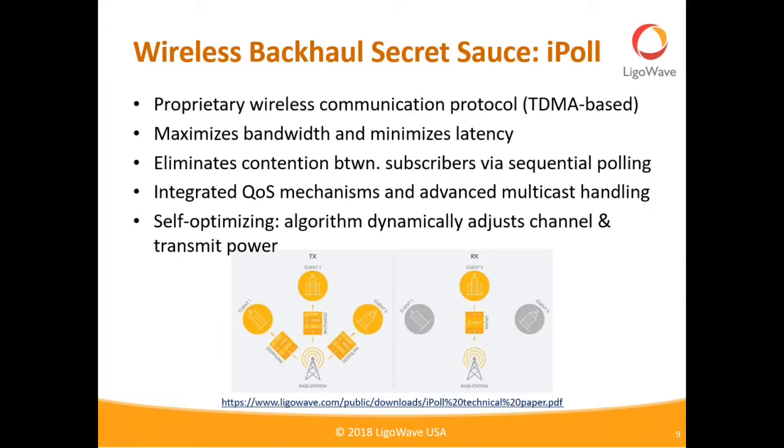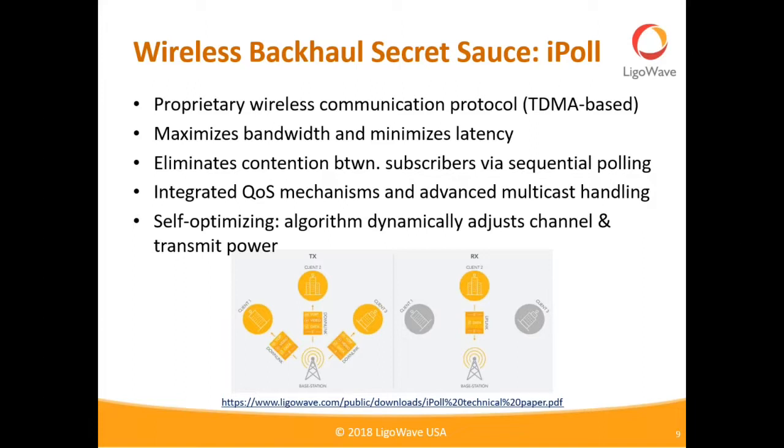Because it is a TDMA-based protocol, we eliminate contention between subscribers, so we do sequential polling. So everybody gets a turn, basically a slot of when they're allowed to communicate. And when they're not allowed to communicate, they're not trying to talk.